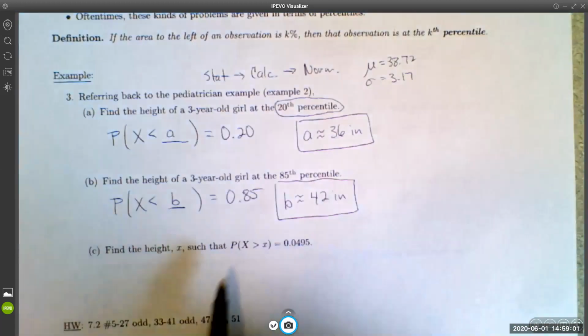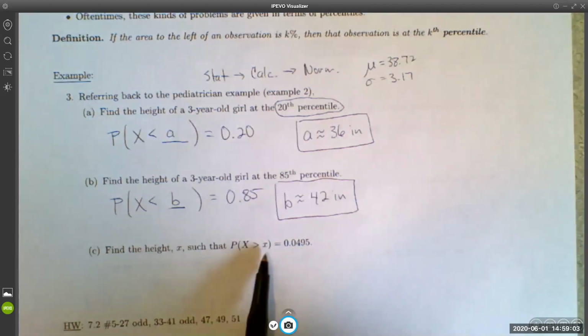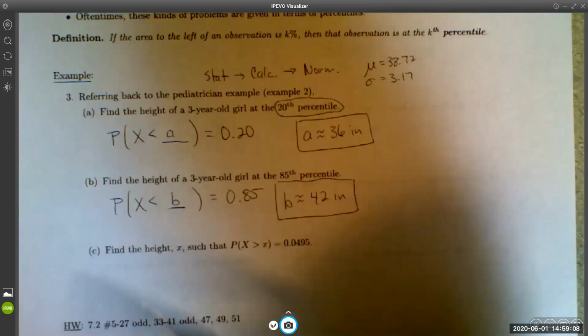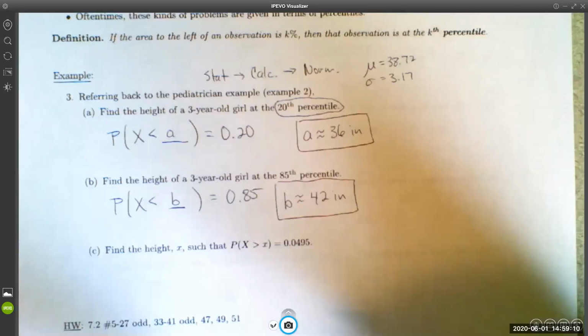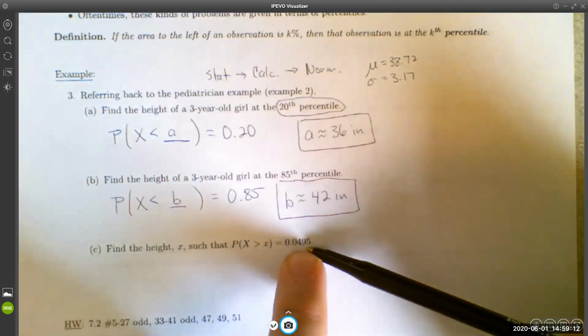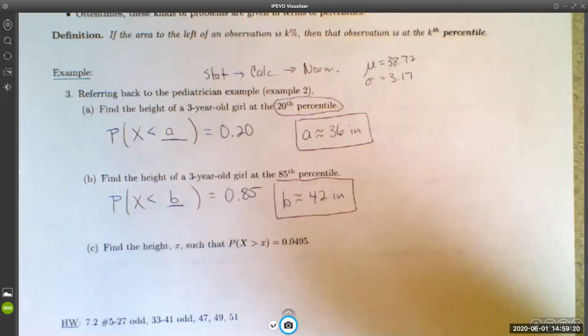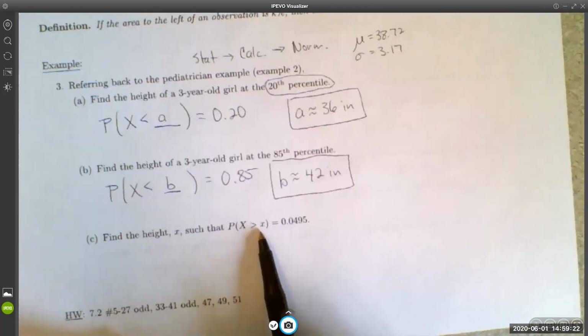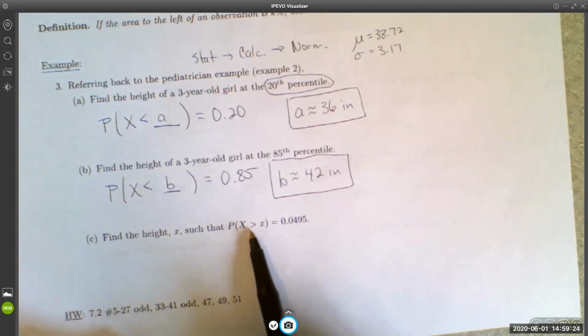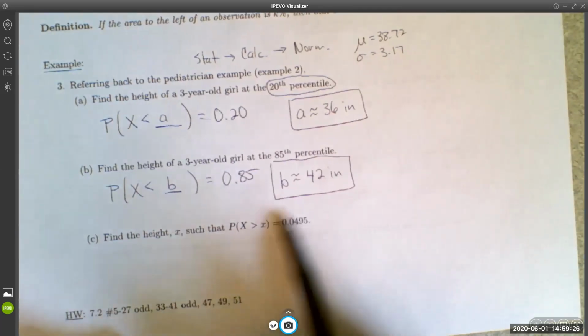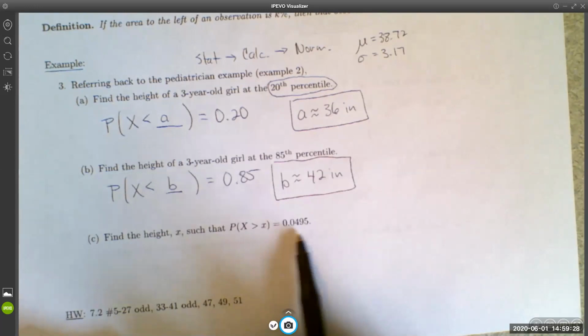And then part C, it's not asking us a percentile question because this area is going to the right. So it's not actually asking us for the 4.95 percentile. It's actually asking us for the 95.05 percentile, okay? But anyway, we can do this in StatCrunch the same way. We just want the area to go to the right, and then we're going to put in the area that we want, right? 0.0495.